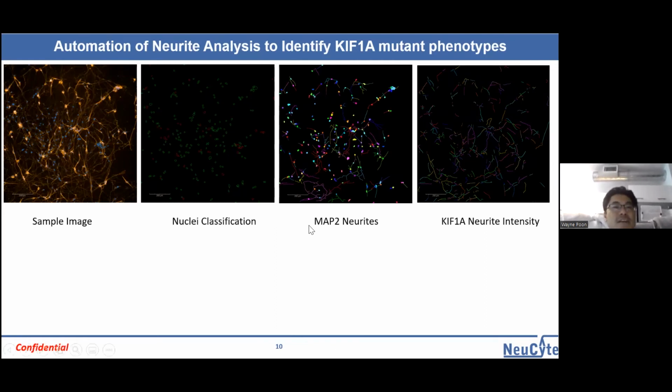In this case, this is a sample image of neurons. There's software that allows us to classify and identify nuclei, subsequently map to NeuCytes, and then the NeuCytes that express KIF1A.